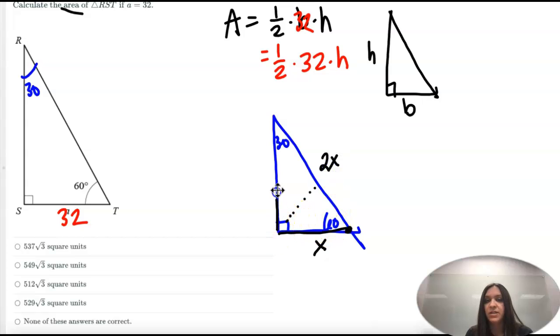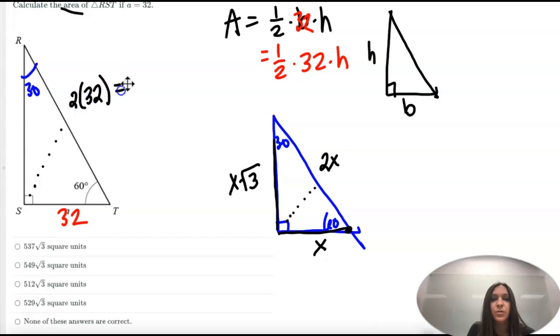And then the long side out to the 30-degree angle is that X value times the square root of 3.